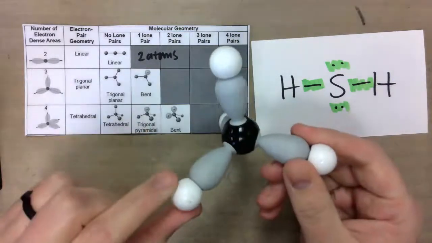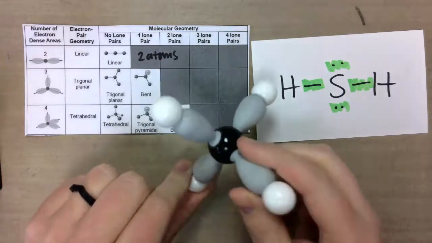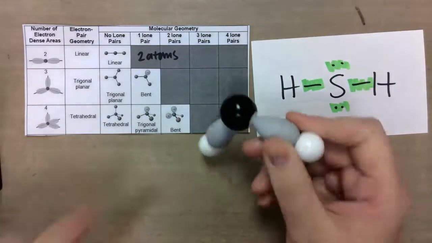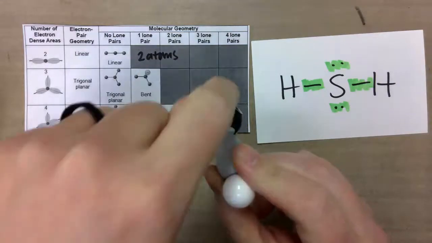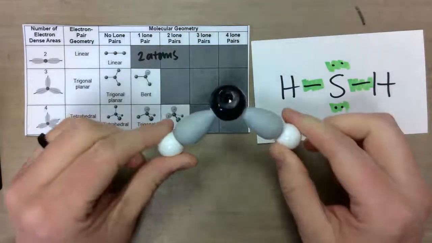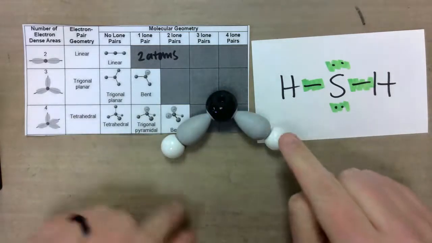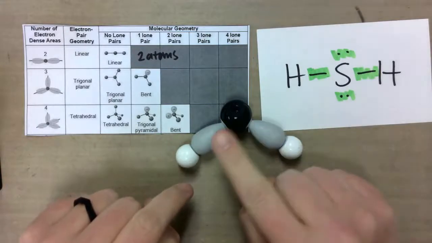So if I think about this as my tetrahedral shape, 2 of these, instead of being bonds, are missing, and they are technically occupied by a pair of electrons up here and a pair of electrons up here. But when I look at the actual molecule, it has a shape kind of like that one before that's called bent. So this is a bent molecule as well.